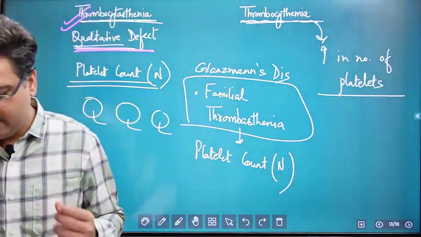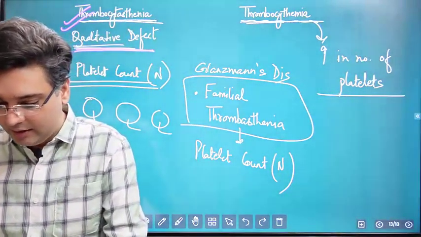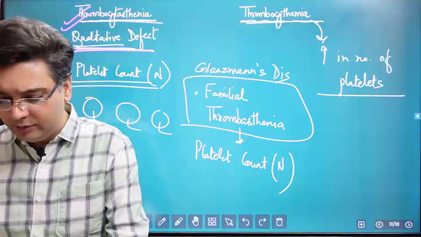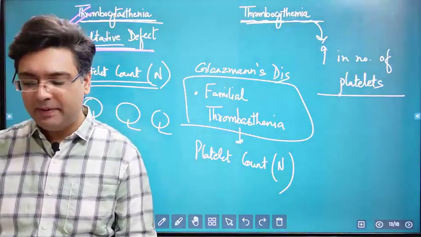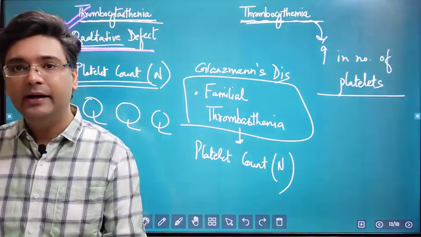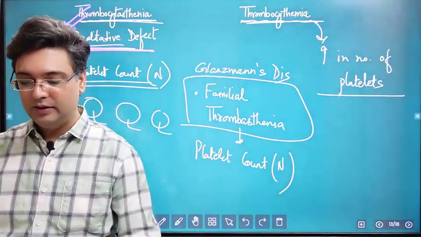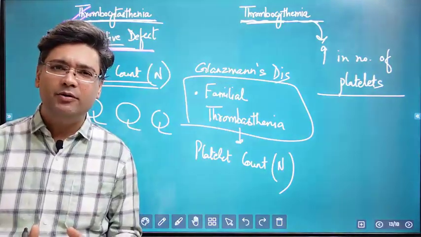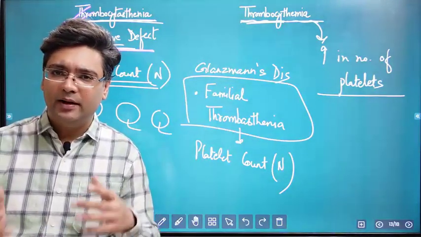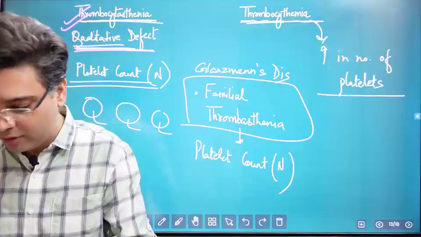So we have more platelets going into the circulation, but despite this you have bleeding present, because these increased platelets are actually not helping. In fact, they are resulting in more and more bleeding.